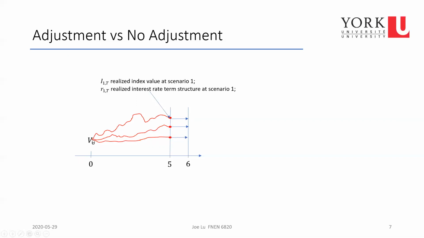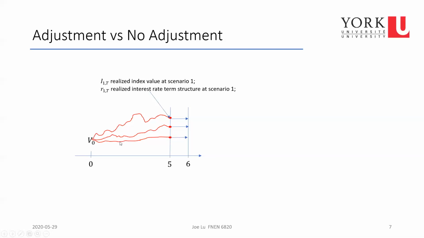Each of them gives a simulated value for that particular path for the value of V. And then you just average them, take an expectation, and you get the initial value, V naught.